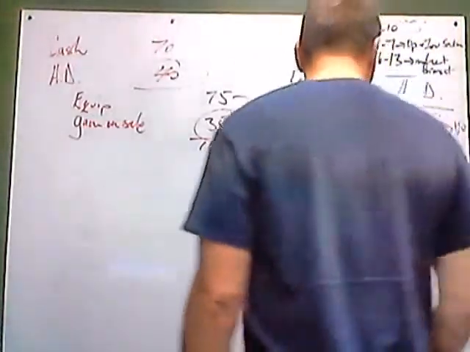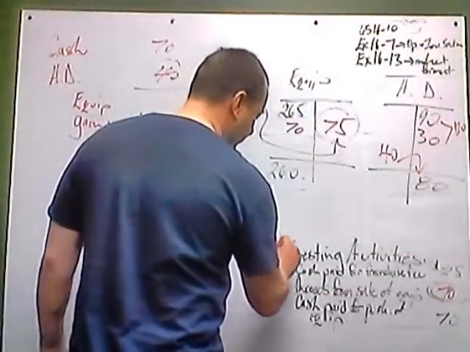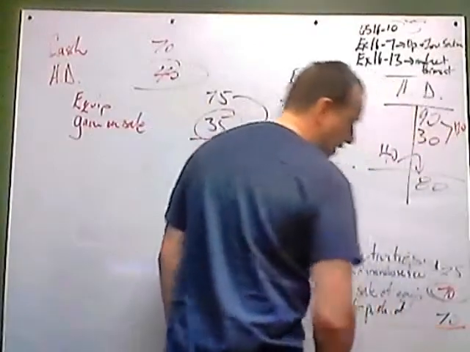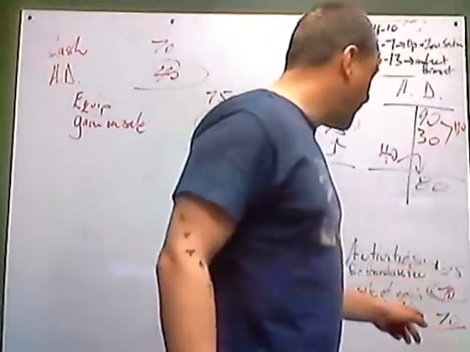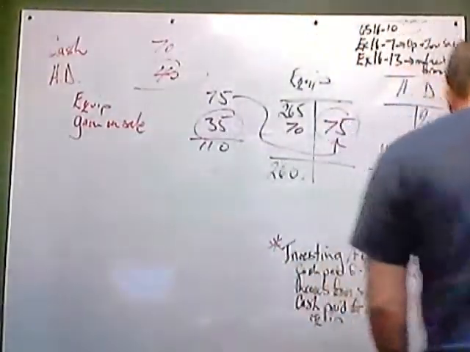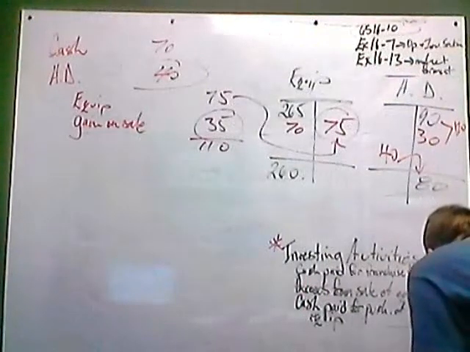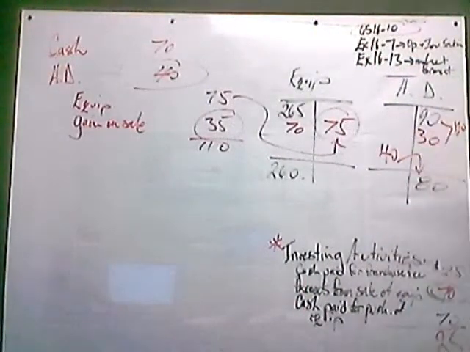So this would be your investing section. You would tally that up: 25, so it would be positive $25. So you'd have a cash outflow of 75 bucks, minus 70 cash paid is minus 25, and this is plus. So minus 25.